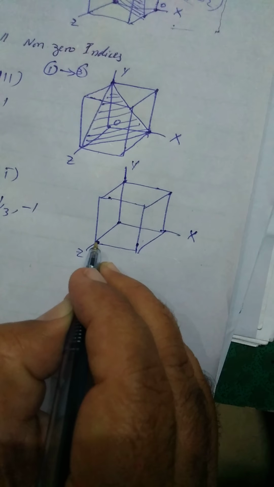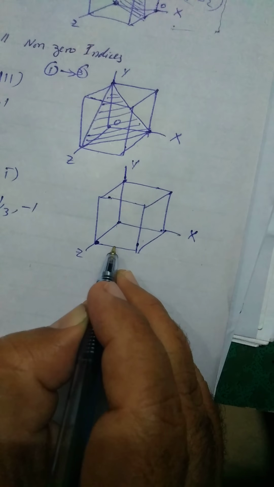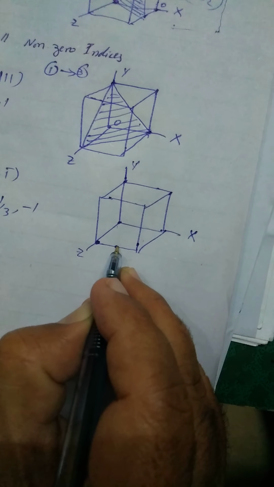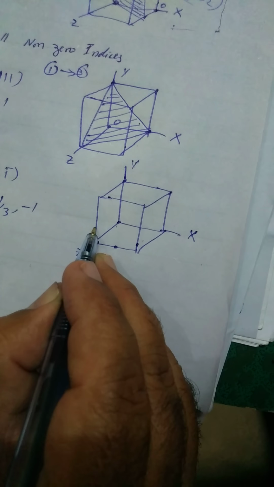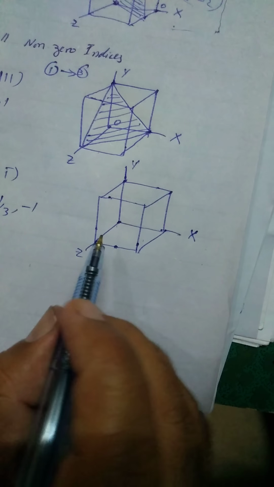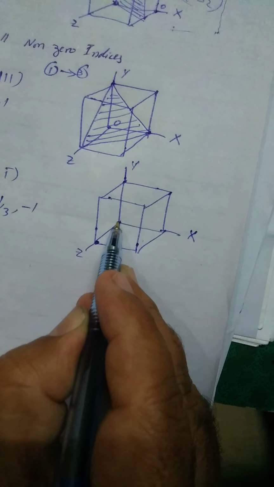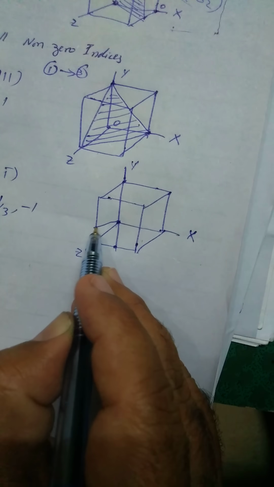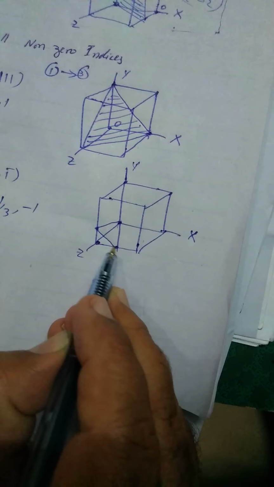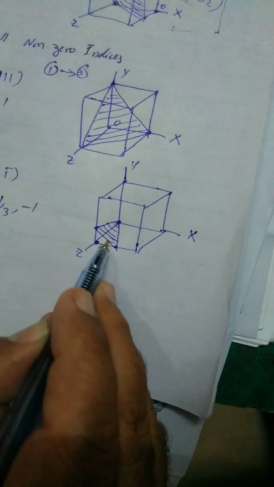If we take this origin, then we can move along negative z direction, and this is the half along positive x-axis, 1 by 2, and this is 1 by 3 along the y-axis, and this is 1 along the negative z, and these are the 3 points. If we connect these points, this is the plane which is representing the 2 3 1 bar.